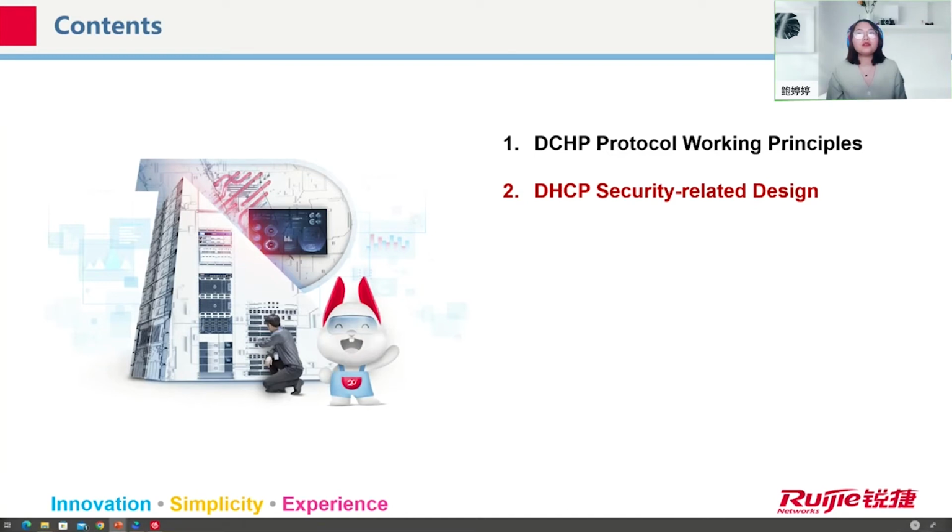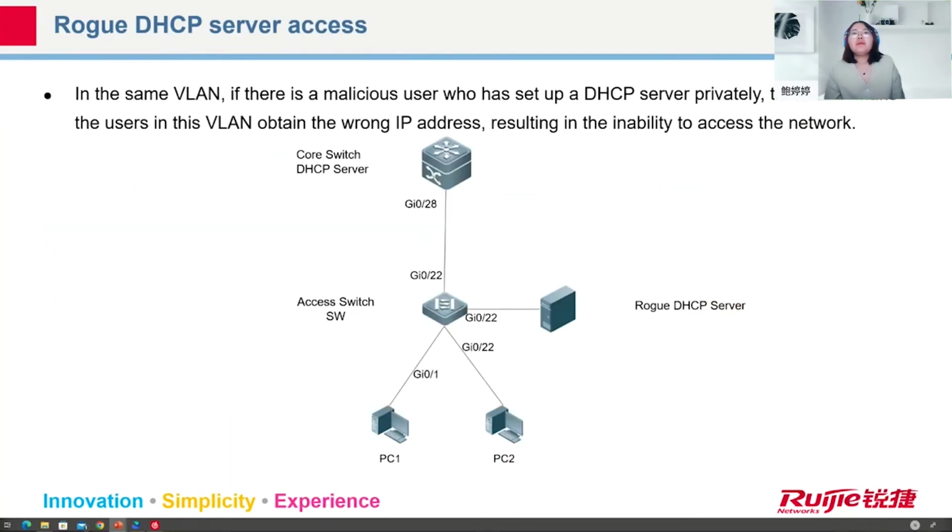If there are no more questions, maybe we will continue with the next part, DHCP security. Because in our network, maybe there is a rogue DHCP server, an illegal DHCP server. What does an illegal DHCP server mean? For example, I am an attacker and I deploy a DHCP server in your network, and I also create the pool.